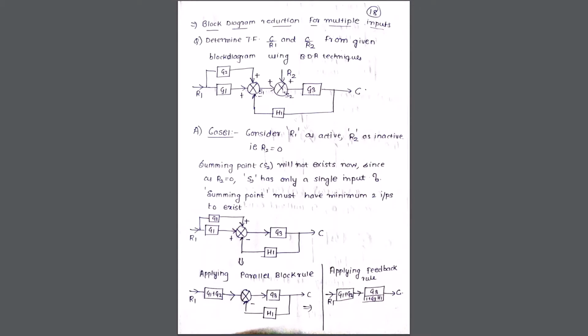After removing this summing point, since we have to find out C upon R1, rest is very simple. Just use the parallel block rule over here, G1 plus G2. Use the feedback rule over here, G3 upon 1 plus G3 into H1. Then C upon R1 will be simply the multiplication of both the things.